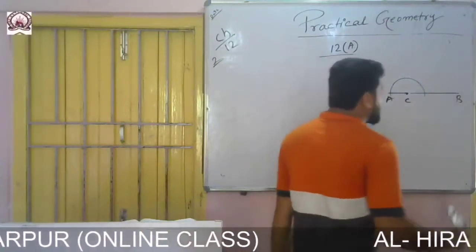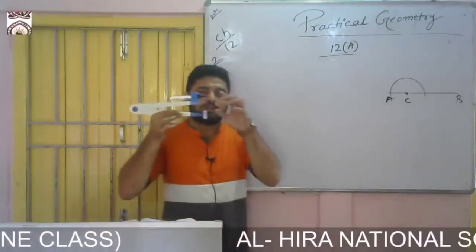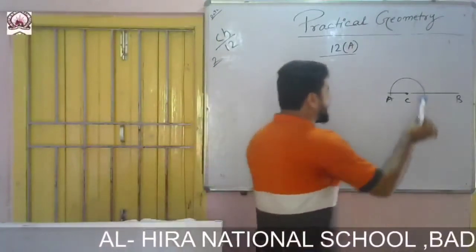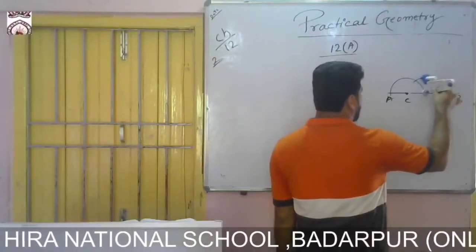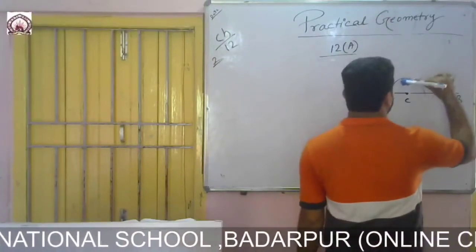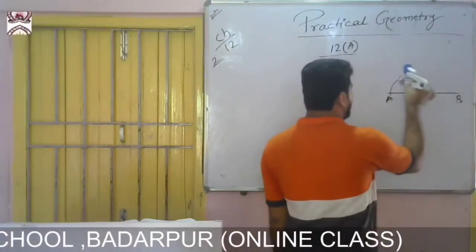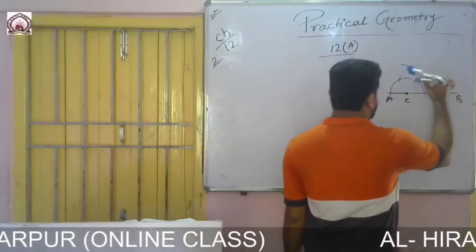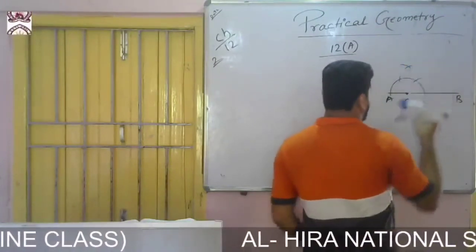Then without changing the radius, without changing the distance between the compass needle and the pencil, from here you draw another arc. Again from there you draw another arc, then again from this point you draw another arc, and again another arc.